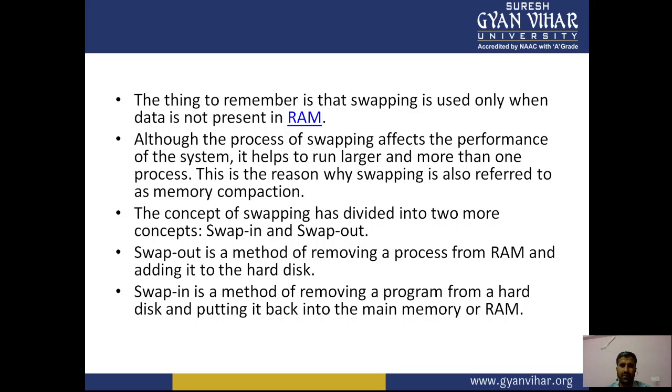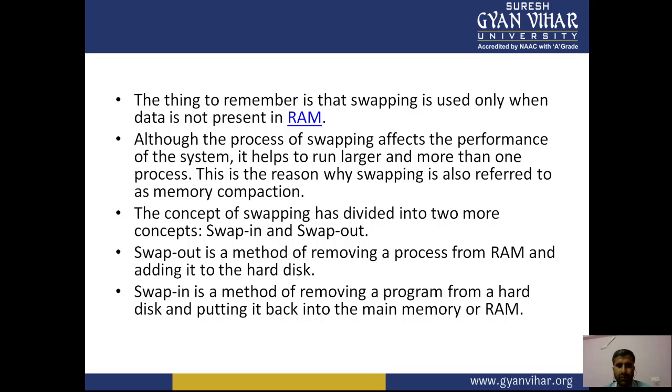Swap out is a method of removing a process from RAM and adding it into the hard disk, right? If we use the swap out method, the processes that are working and present in the RAM are removed from RAM and added into the hard disk.